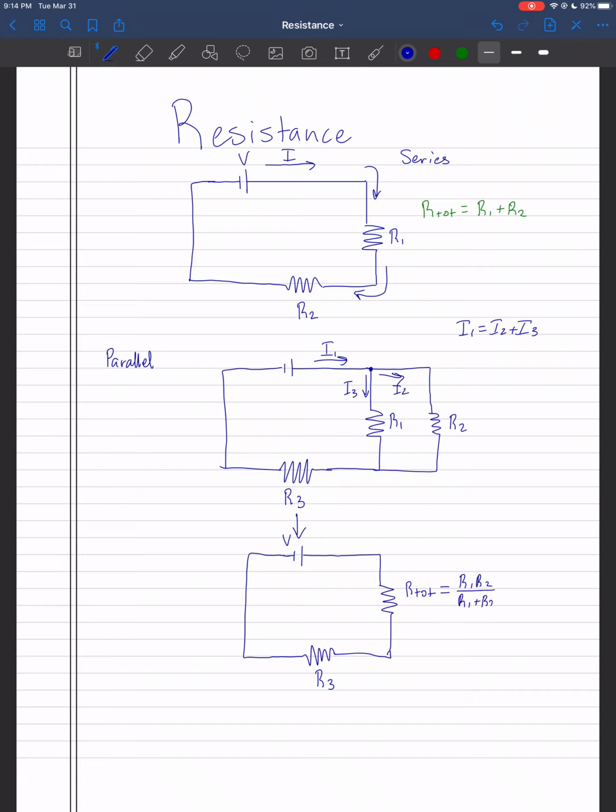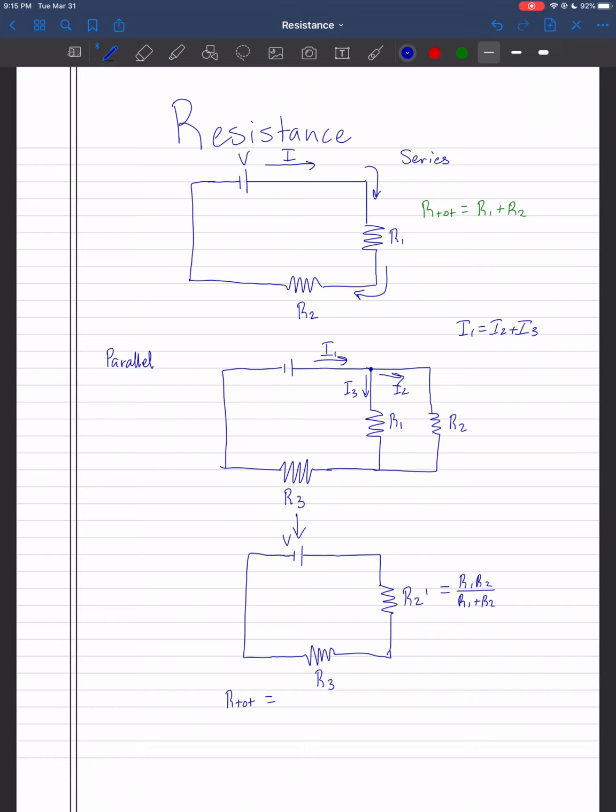For simplicity's sake, I'm just going to write that second equation. I'm going to make this R2 prime. R2 prime is equal to the total resistance of these two, right? But if I want to find the total resistance of this whole circuit, I now have to take those and do what I would do for resistors in series.